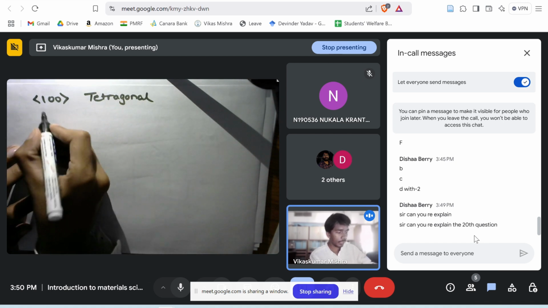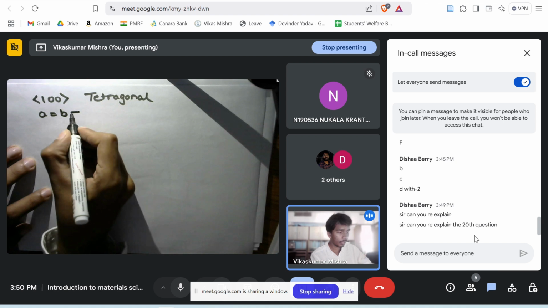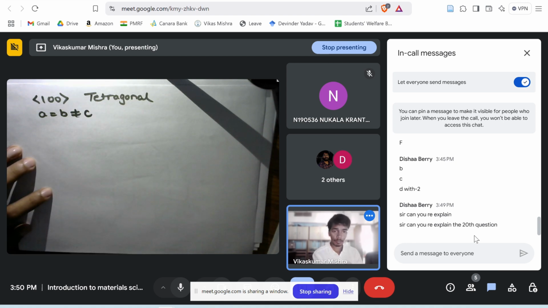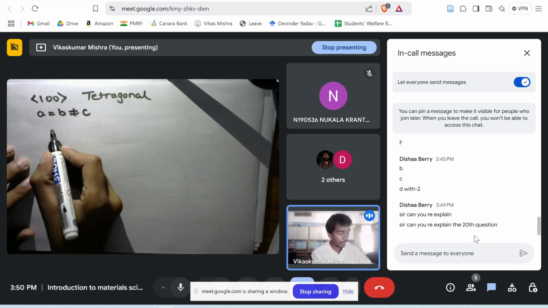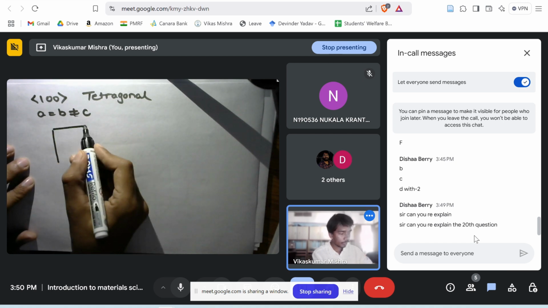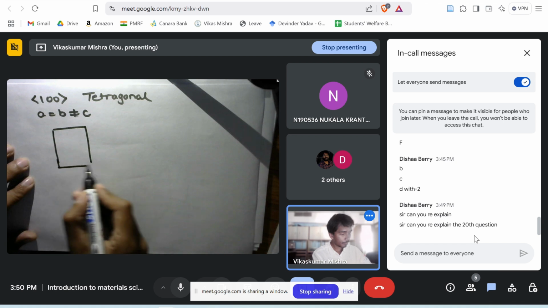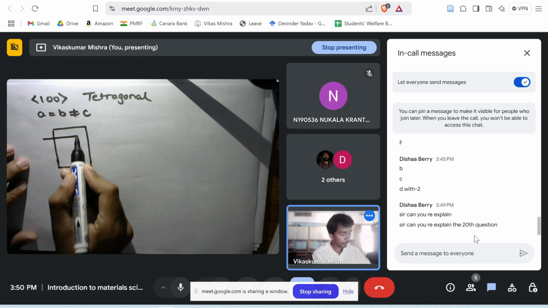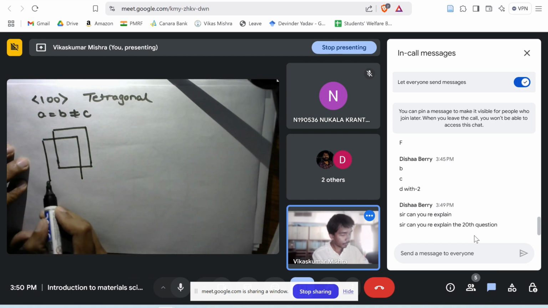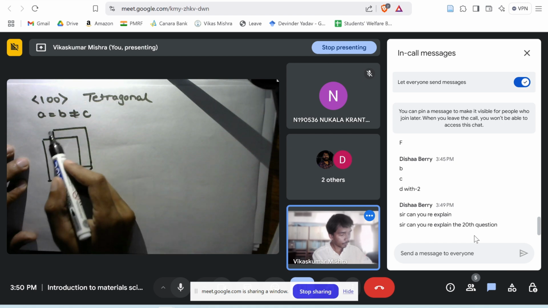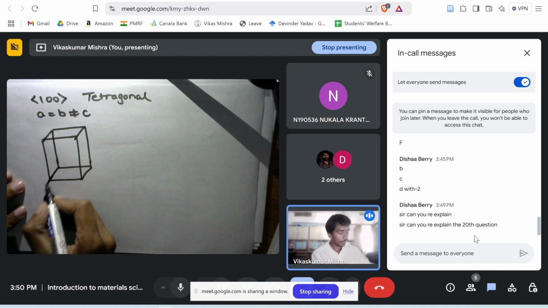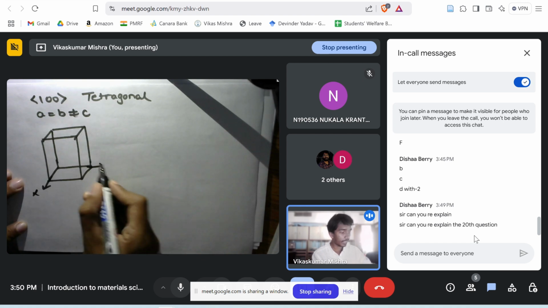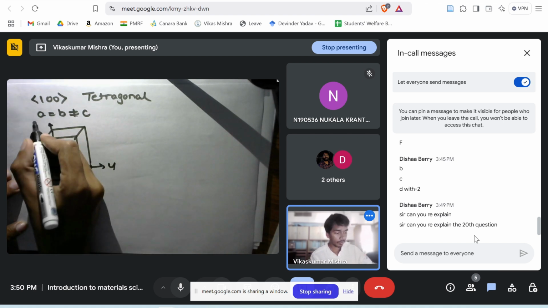In this we know that A is equal to B, but it is not equal to C. So if I make one tetragonal crystal, here it is x-axis, this is y-axis, and this is z-axis.